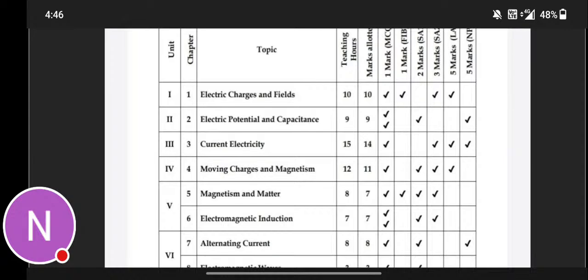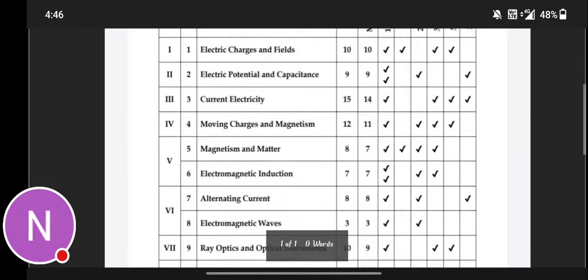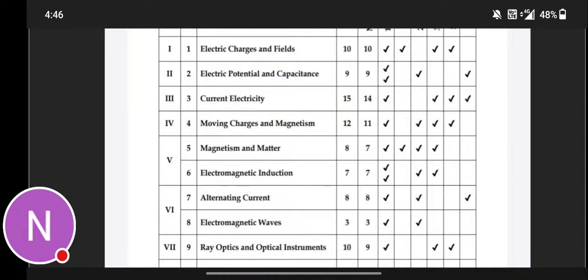The other option is a little risky, because here there are only two chapter options, like 14 marks from current electricity. Let us take it as 12 out of that 14. From the 11 marks, let us take 7 to 8 marks, let us take you got moving charges and magnetism.